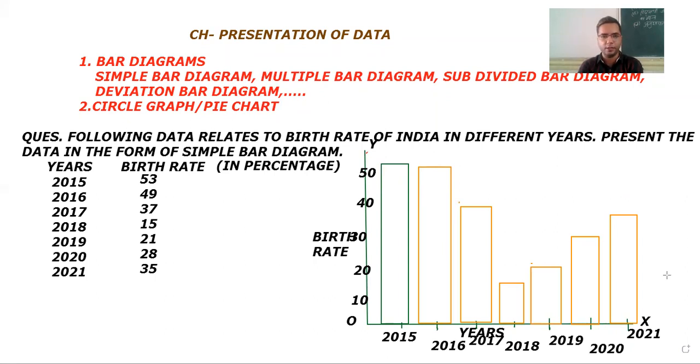I hope this is easy and this is clear to everyone. But the question is not completed here. You have to mark what you have made in which year. 2015 was 53. So on the bar, you have to mention 53. Same way, the next was 49.